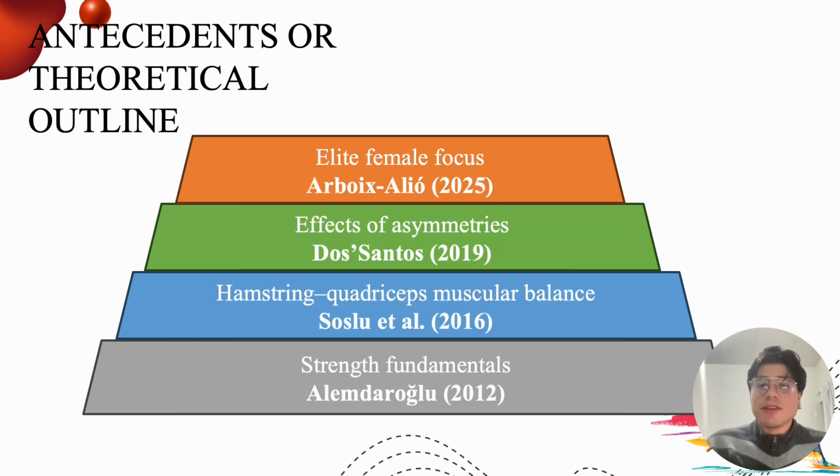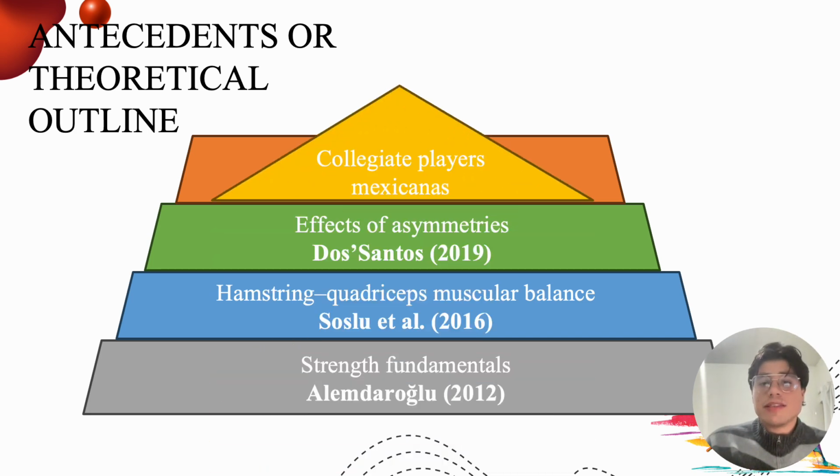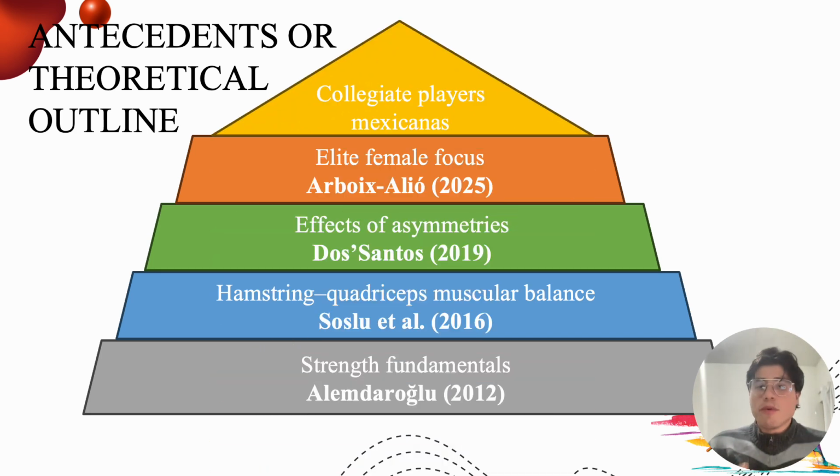More recent investigations have focused specifically on asymmetries in professional female basketball players. This gap in the collegiate population led to the development of the present evaluation, in which strength, power, speed, and change of direction metrics were integrated into a single comprehensive assessment model.